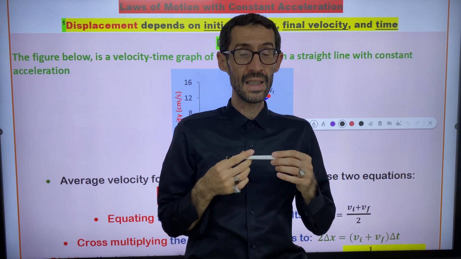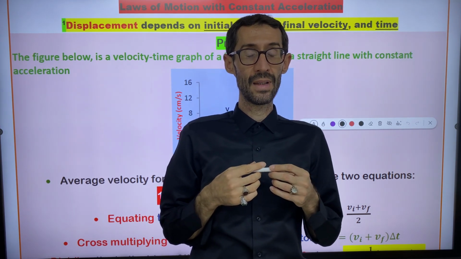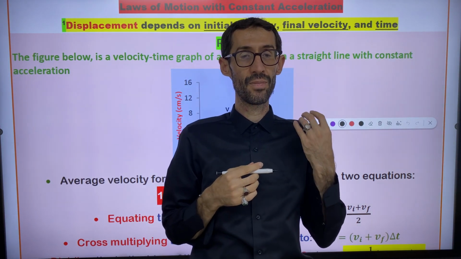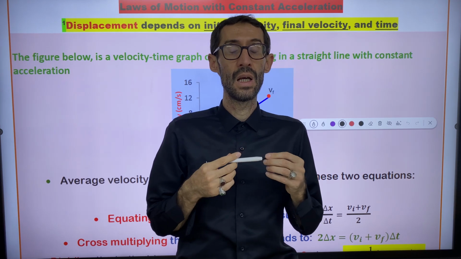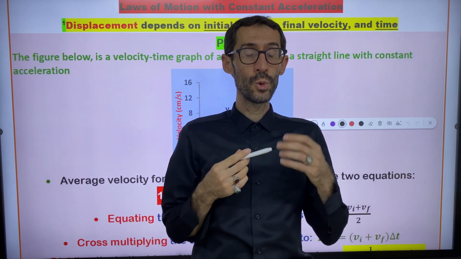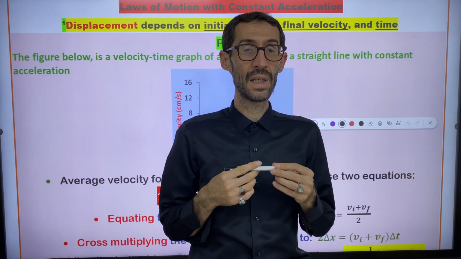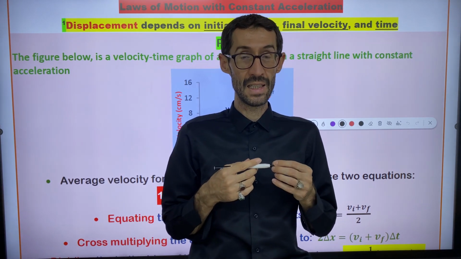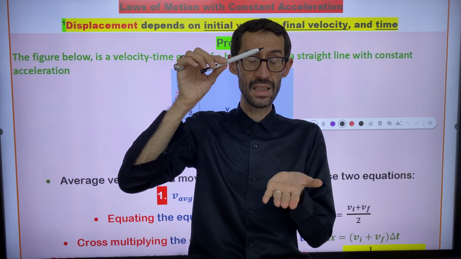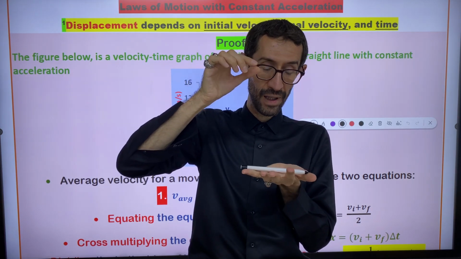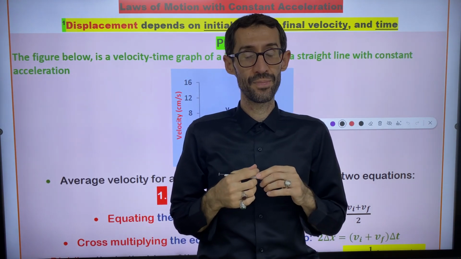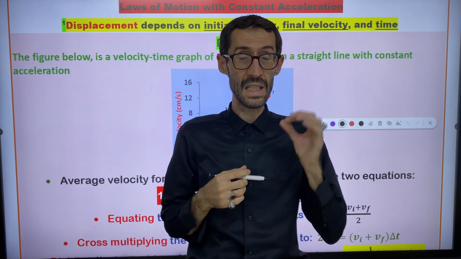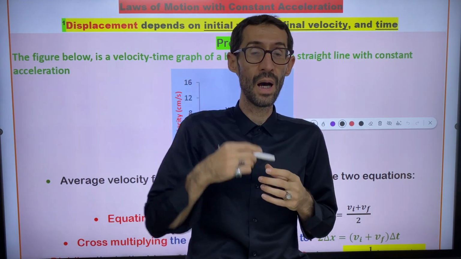And free fall bodies in general possess constant acceleration, right? Why do we say free fall bodies possess constant acceleration? Because in each second, the velocity of the free fall body increases by the same amount.